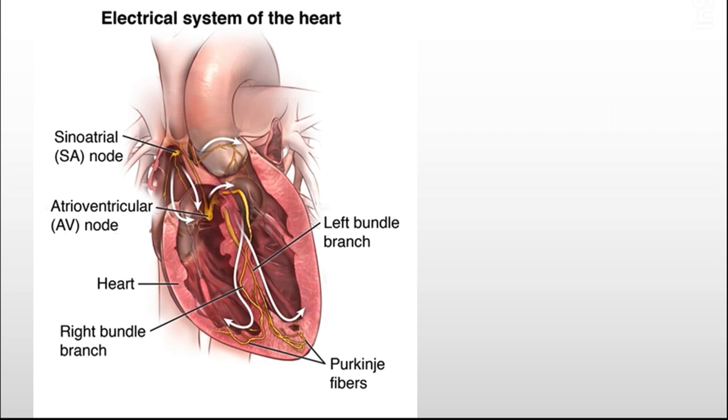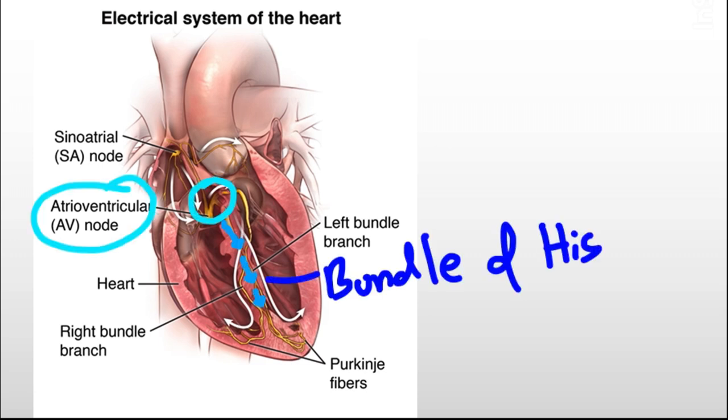They relax in order to allow themselves to fill with blood, so that they can carry out the function of pumping blood out to different parts of the body or through the lungs. After this delay, the impulse moves from the atrioventricular node, or AVN, into the bundle of His in the septum, which, as I mentioned before, is the wall in the middle that separates oxygenated and deoxygenated blood.